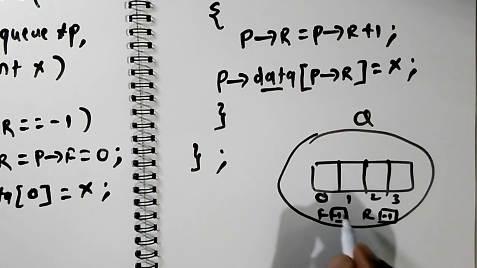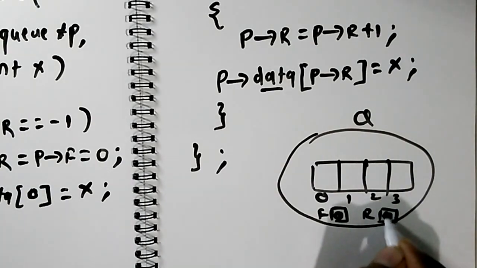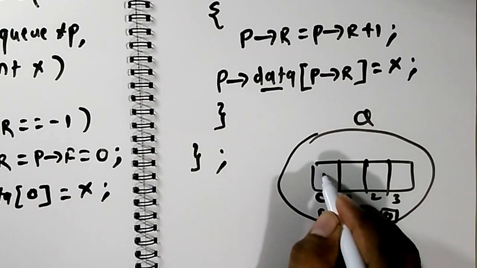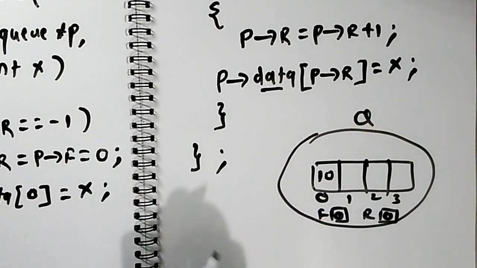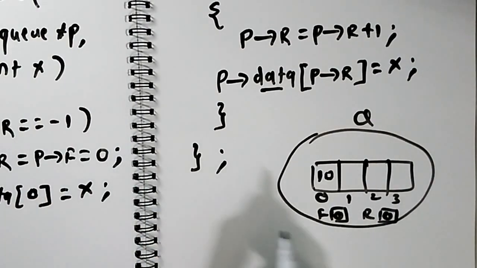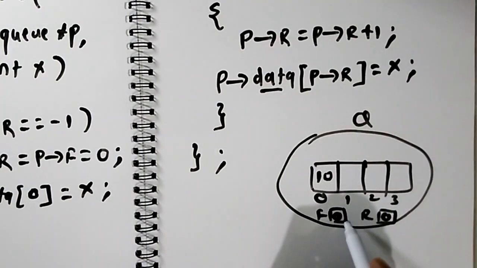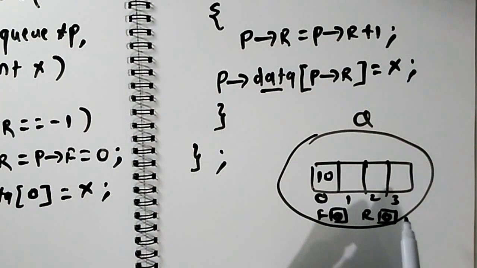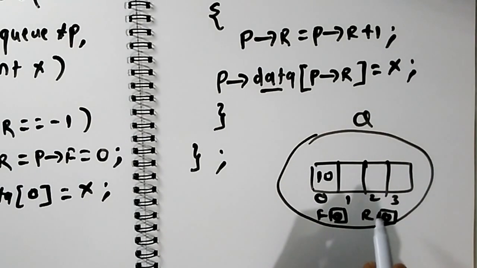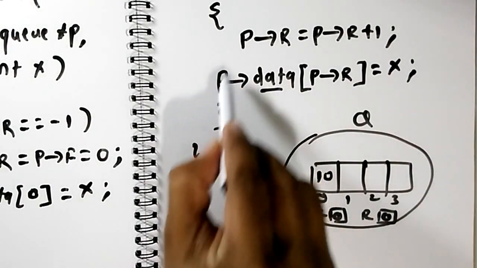In that case, we'll set both these to 0, right, and insert the value here. Now if it is some other case, that means front and rear are not -1, Q is not empty, for example this particular case. So this else will be executed.